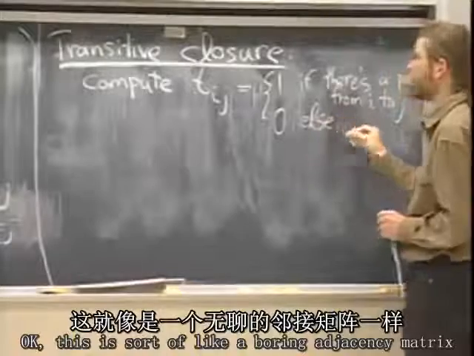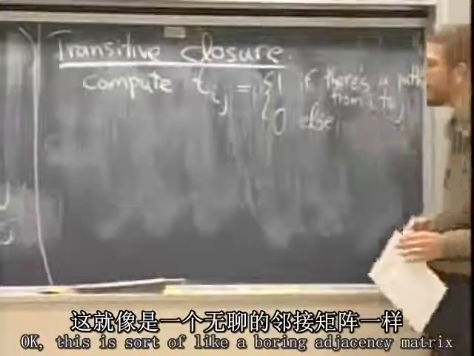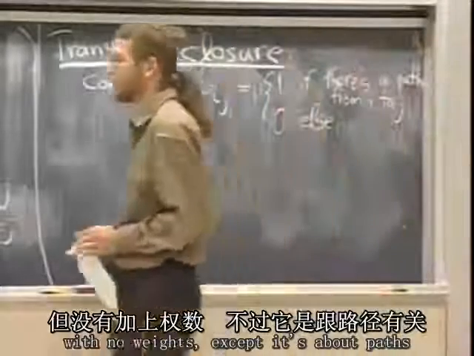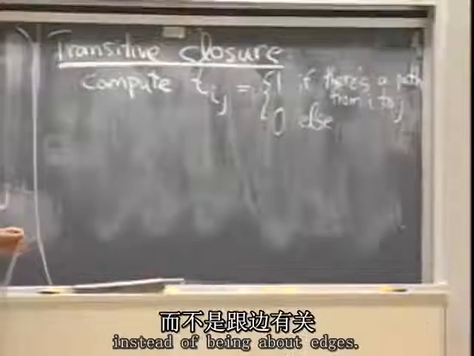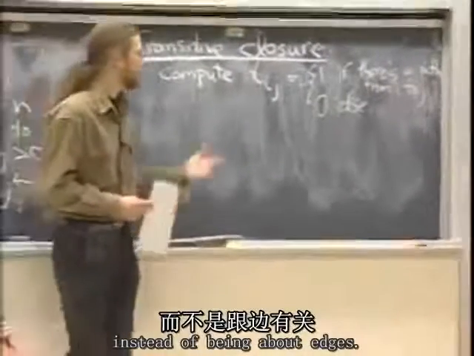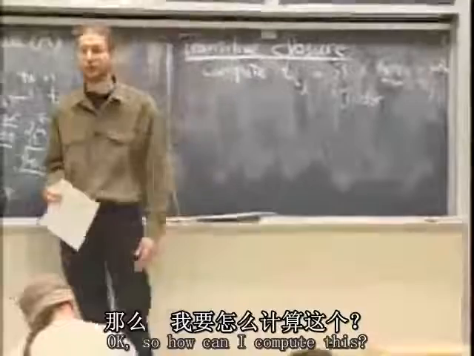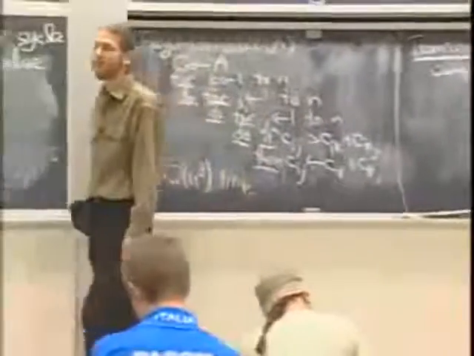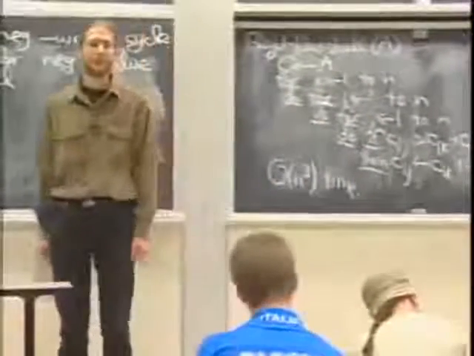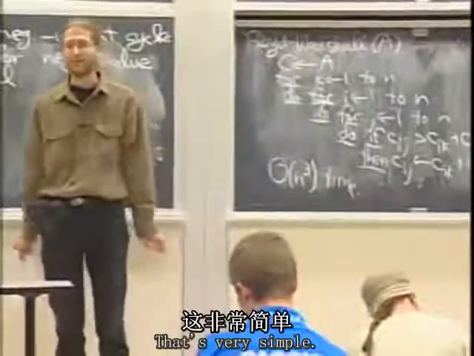This is sort of like a boring adjacency matrix with no weights, except it's about paths instead of being about edges. Okay, so how could I compute this? That's very simple.